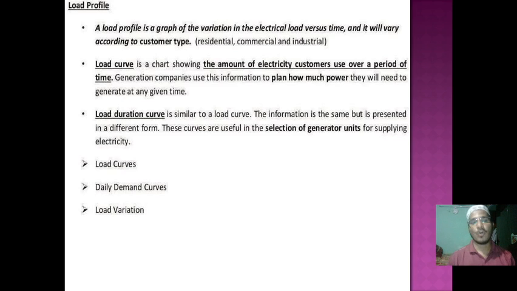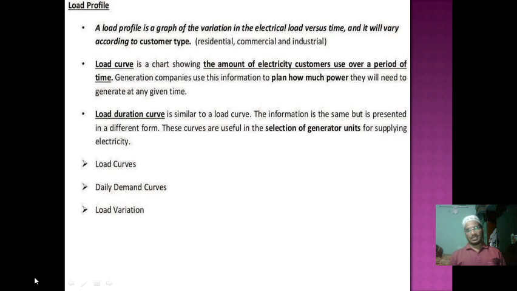Next is the load profile. What is a load profile? Load profile is a type of graph where we can see load versus time, depending upon the customer type, like residential, commercial and industrial.